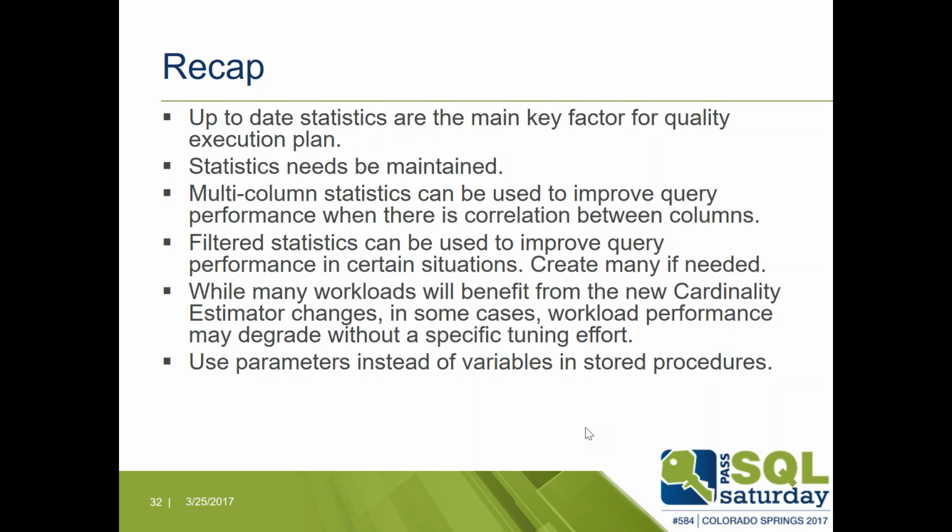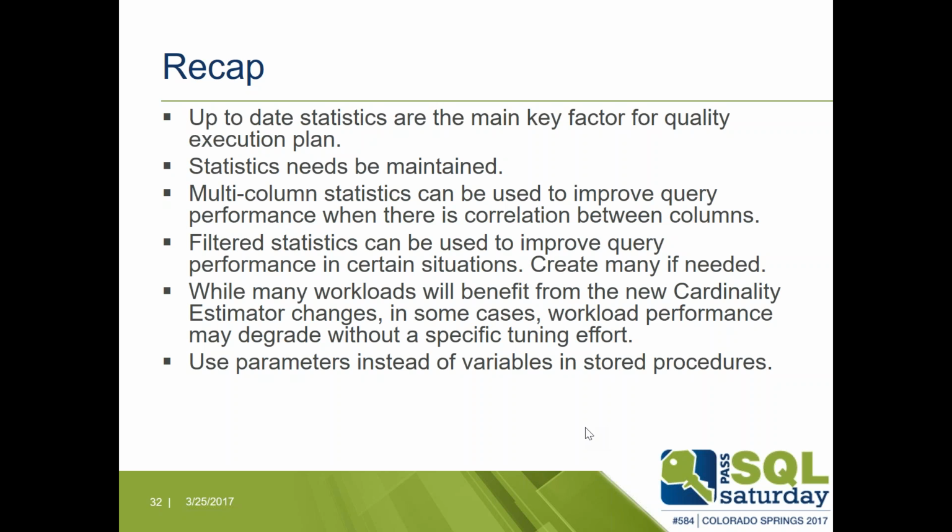Also, there's something called filtered statistics. You can reduce your data set and address your skewed data distribution by using filtered statistics, because your histogram can have only 200 steps maximum, and if you have a null value, 201 steps. Those steps are there to represent your data.